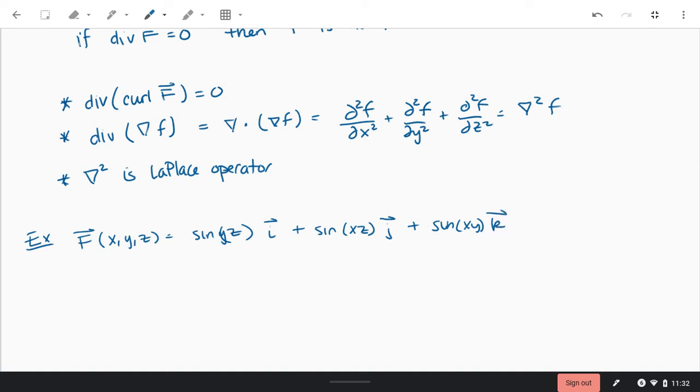Okay, then your divergence of f. Remember it's the partial of p with respect to x, which in this case would be 0, plus the partial of q with respect to y, which would also be 0, plus the partial of r with respect to z, which would also be 0. Okay, so this one would be incompressible.